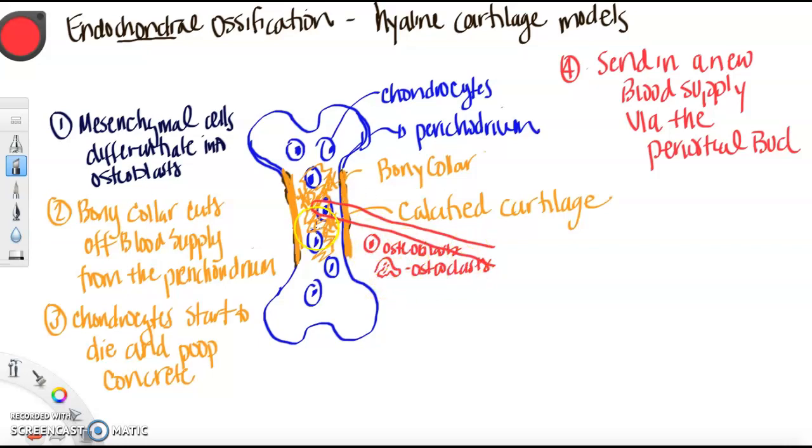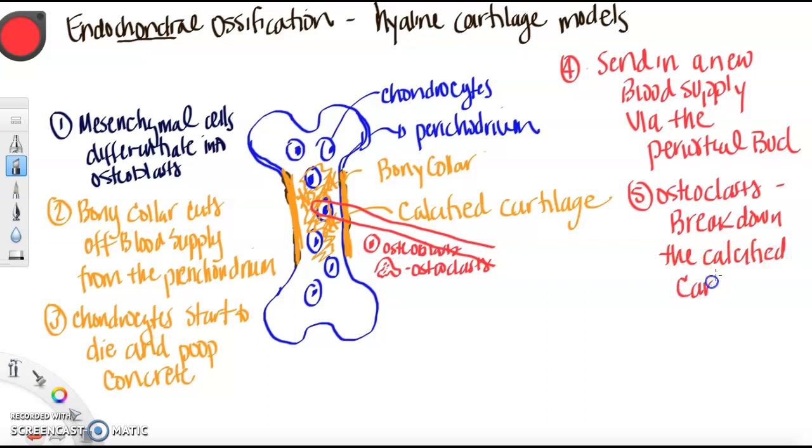The osteoclasts come in and start to chomp, chomp, chomp, breaking down the calcified cartilage. And the osteoblasts coming in as well start to secrete bone matrix.